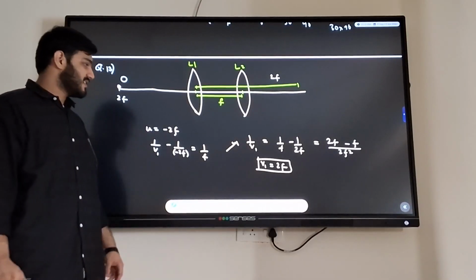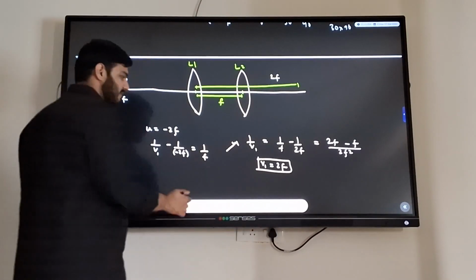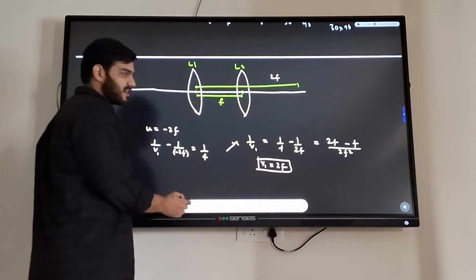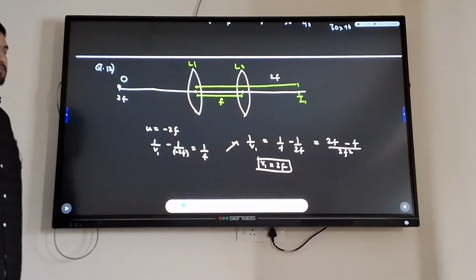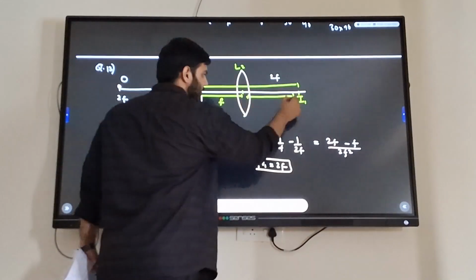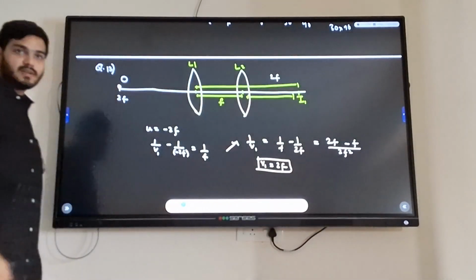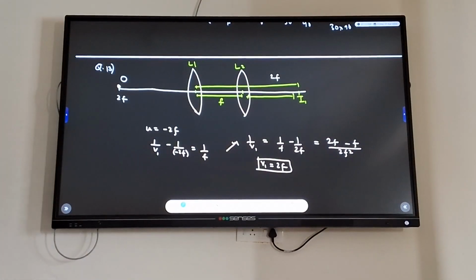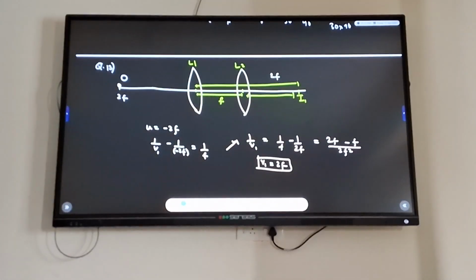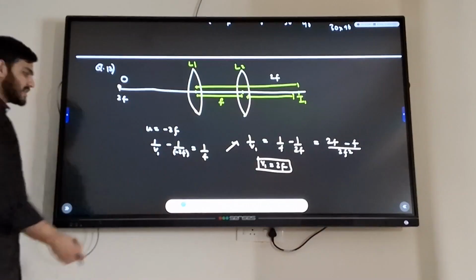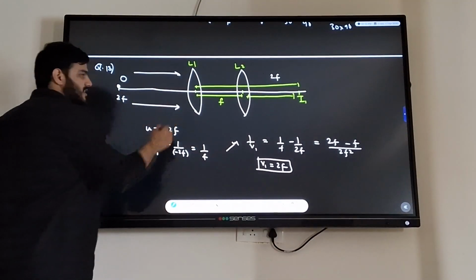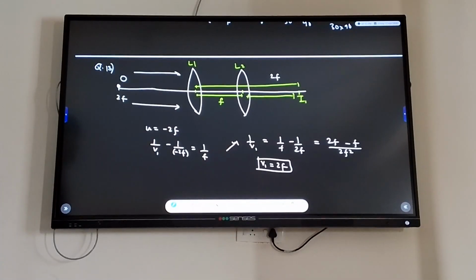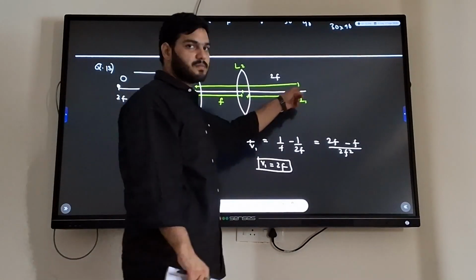So your image I1 is at 2F. What will be my new object distance? It will be positive F, because the actual light rays are coming from where this is the direction of actual light rays. That acts like a virtual object.